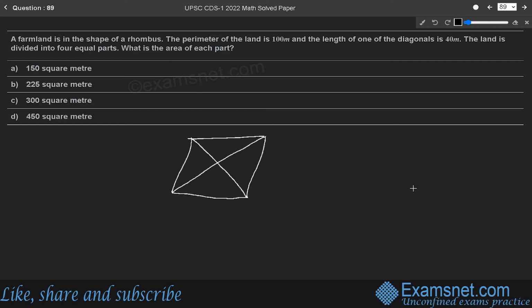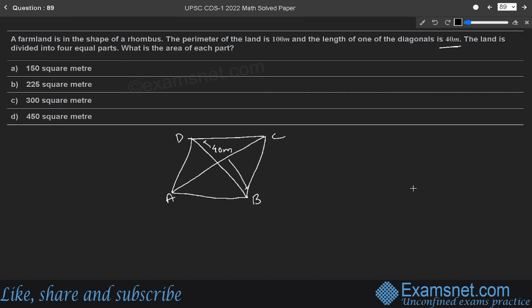According to the question, the diagonal is 40 meter. Let us name this rhombus A, B, C and D.